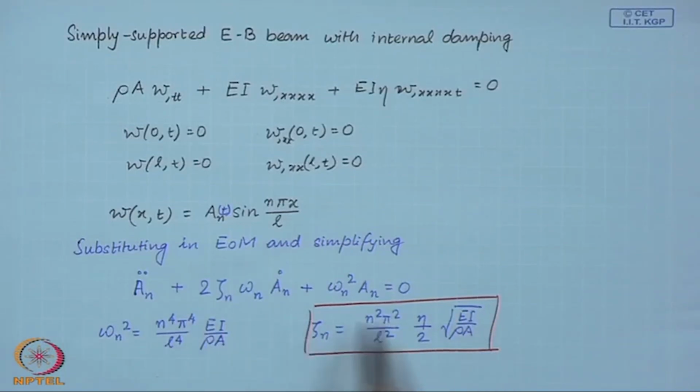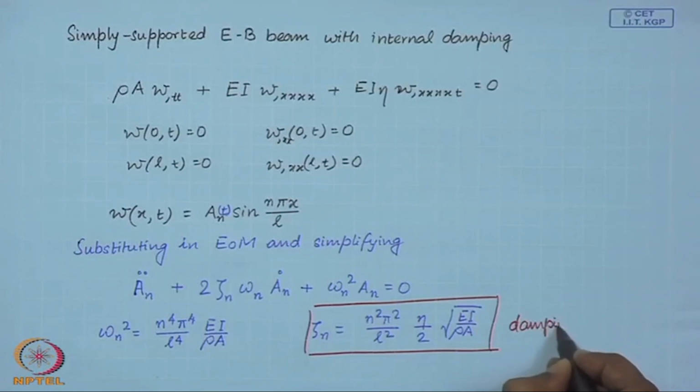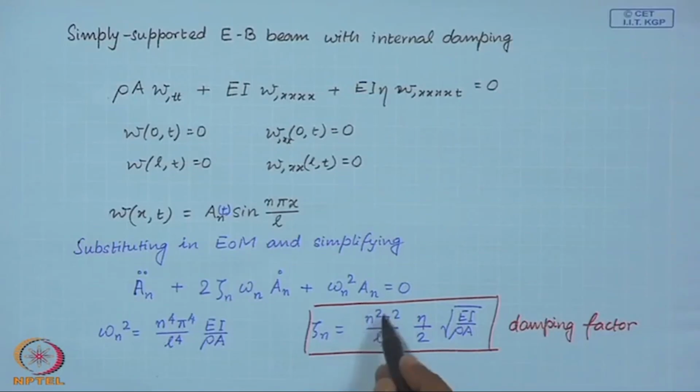there is a damping factor which we find is proportional to n square. So, higher the mode, higher will be the damping factor. So, which means that the higher modes get effectively damped because of internal damping.